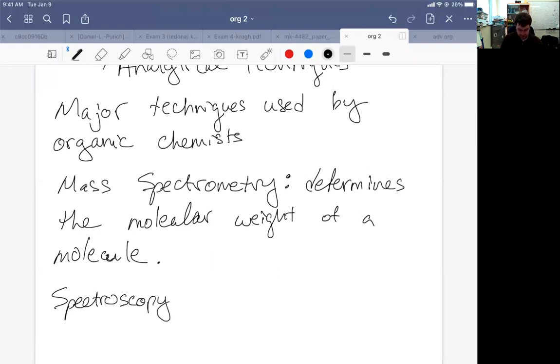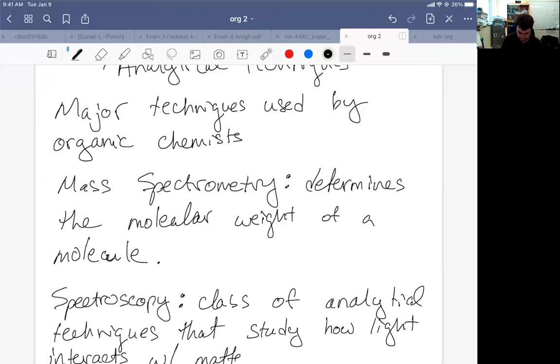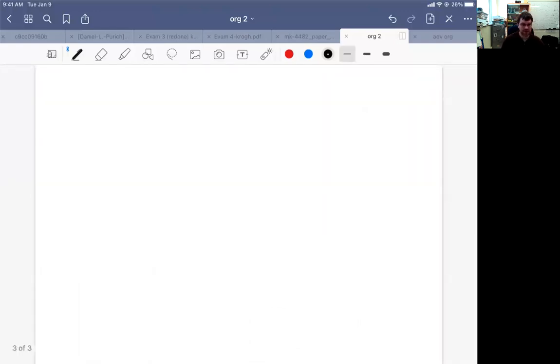Spectroscopy is really a class of analytical techniques that study how light interacts with matter. Okay, so let's get into the types of spectroscopy. Sorry, I had to turn the page there.